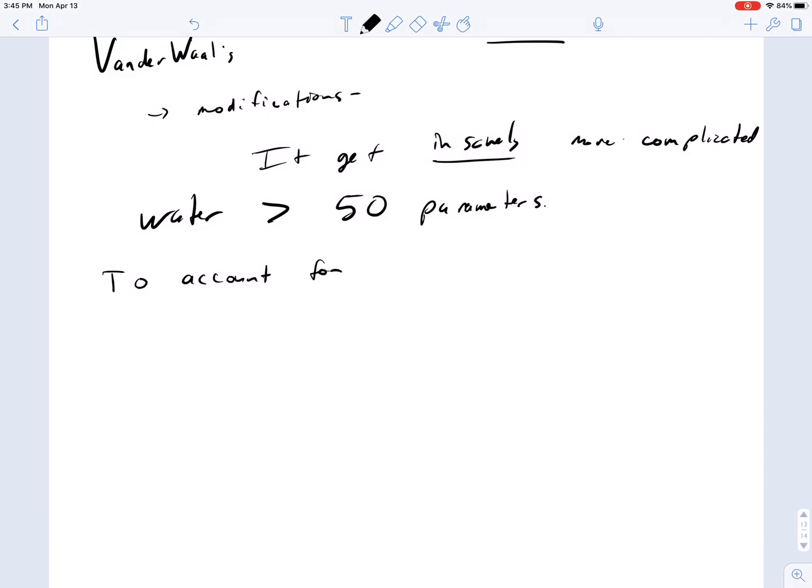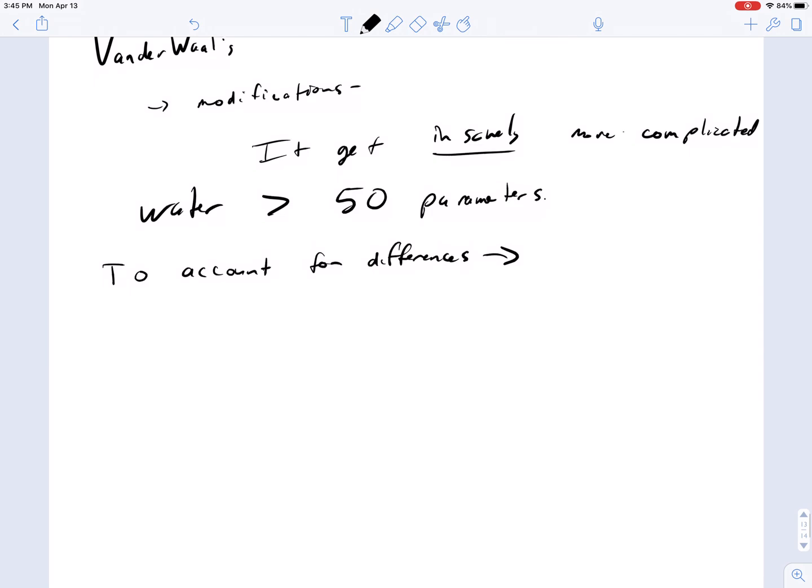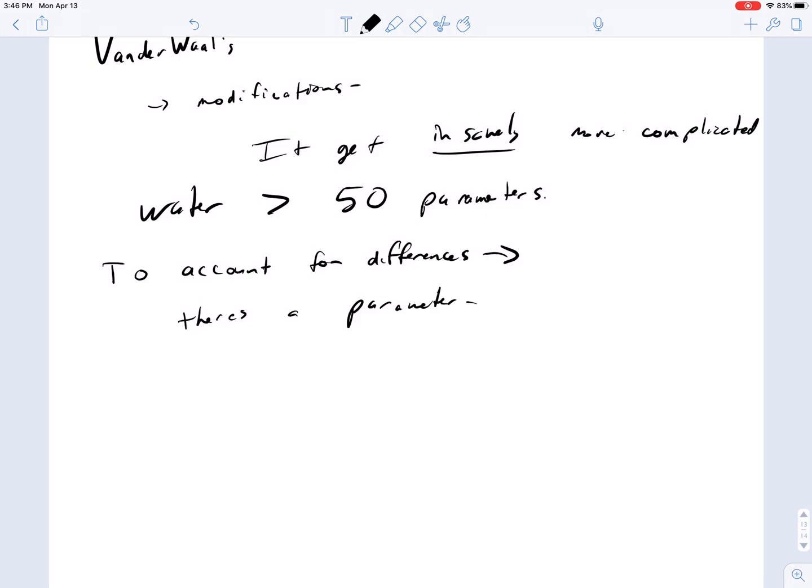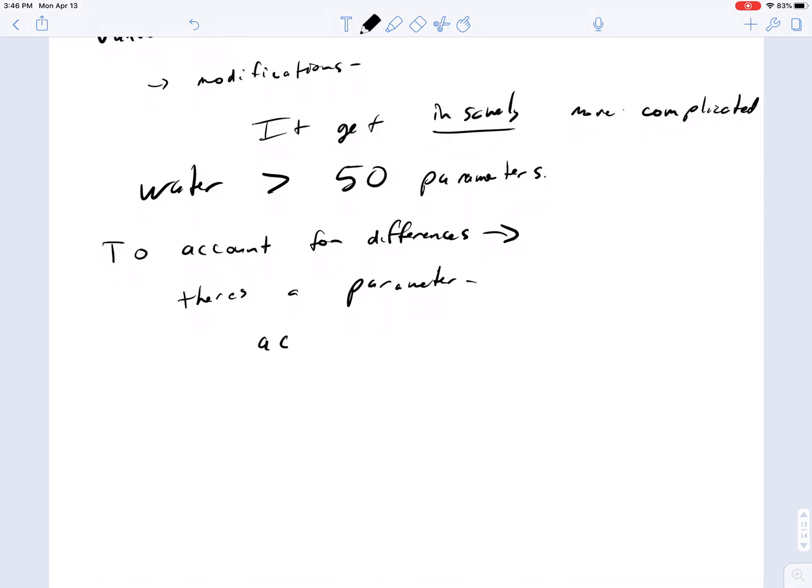And calculating vapor-liquid equilibrium calculations, what these curves look like, to account for differences, there's a variable, measurable quantity, just a parameter, called the acentric factor.